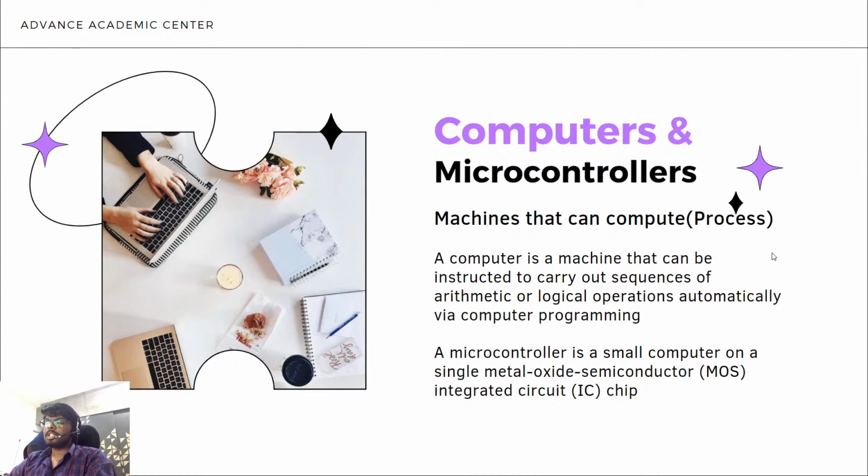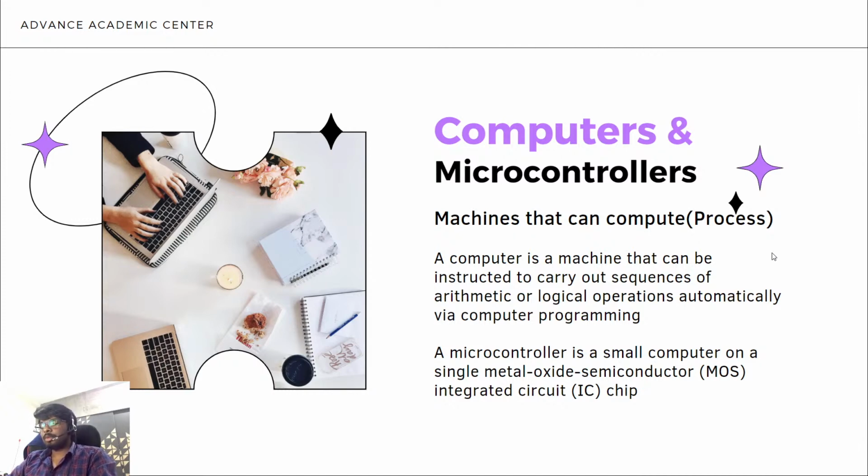It doesn't need a powerful computer to process the information. It just needs a small processing power to compute. So a microcontroller is a very small computer, but it's still a computer.